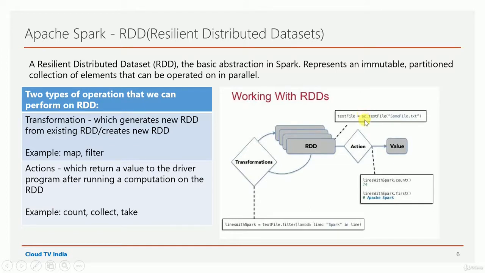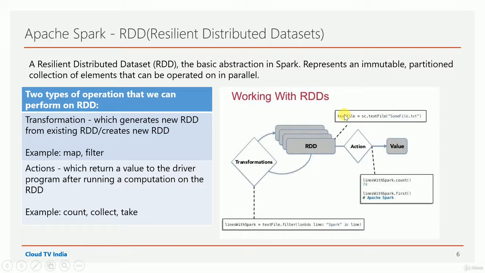In the Spark context, you have a method called textFile to read the text file. When you read a text file, sc.textFile will create an RDD, which is called textFile. It will have all the values in the text file, then it will become an RDD.